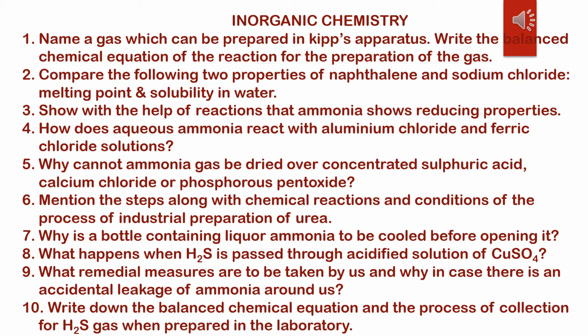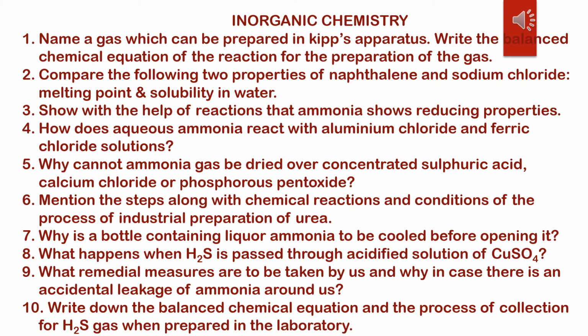So ammonia gas cannot be dried over phosphorus pentoxide because it forms ammonium metaphosphate, that is P2O5 plus H2O equal to 2HPO3. HPO3 plus NH3 equal to NH4PO3. Next question.